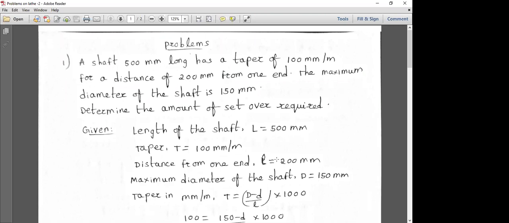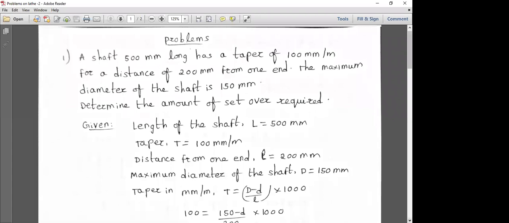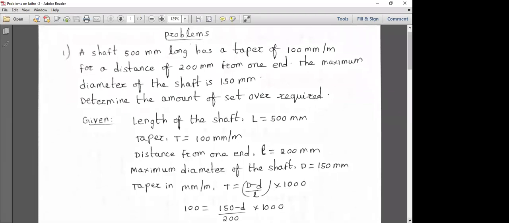Already I told you how to calculate the taper yesterday. Taper is capital D minus small d by L into 1000. You have to calculate the taper, but he has given only the big end diameter, the maximum diameter of the shaft. The small end diameter is not given in the problem.